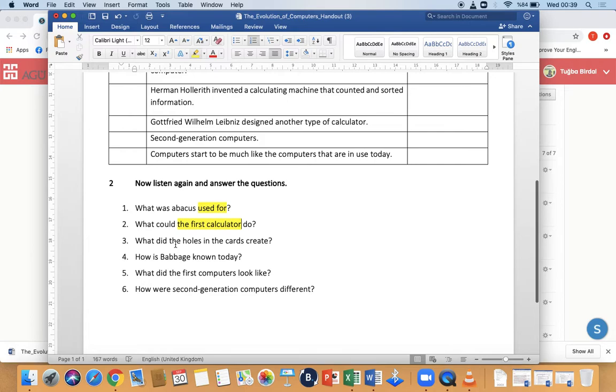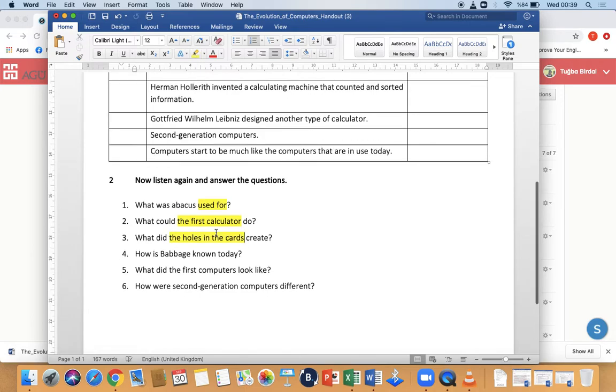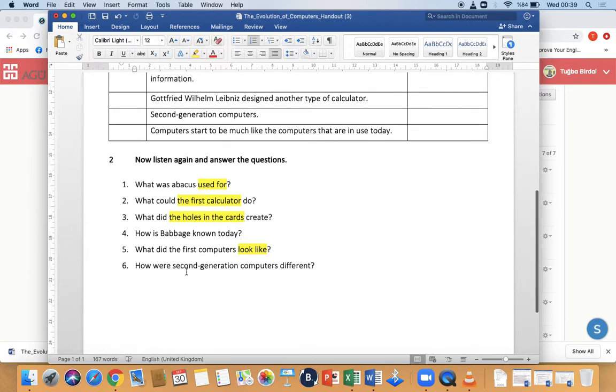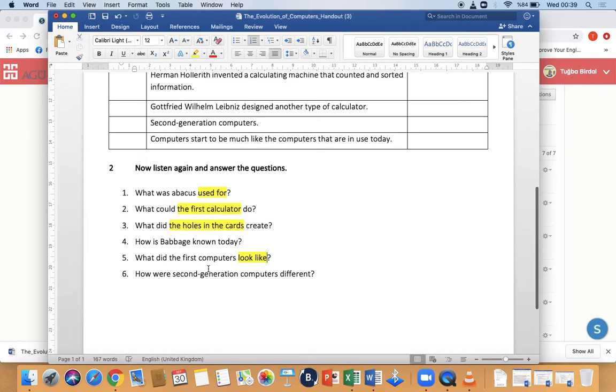And then what did the holes in the cards create? And how is Babbage known today? What did the first computers look like? You should describe it. And how were second generation computers different from first computers? So you should write the differences between them. This is the second part.